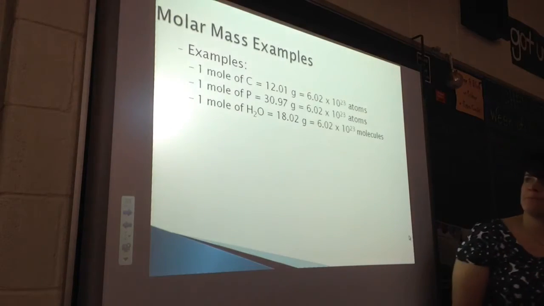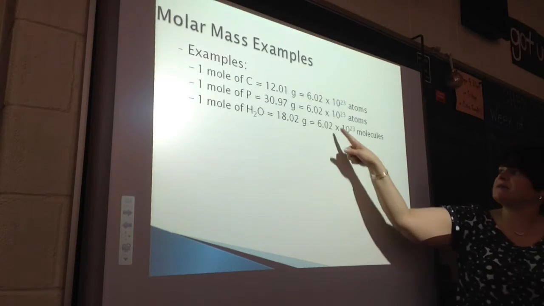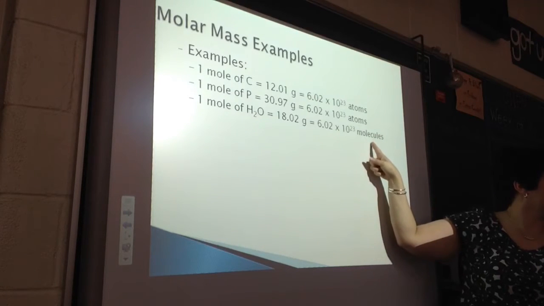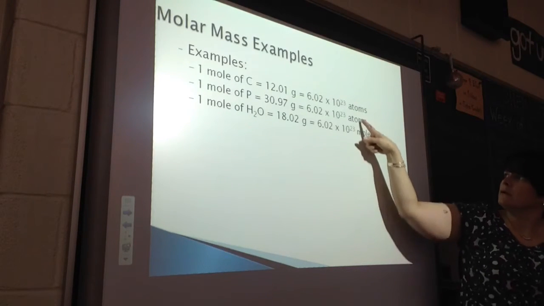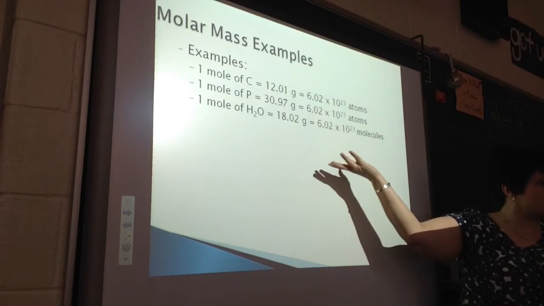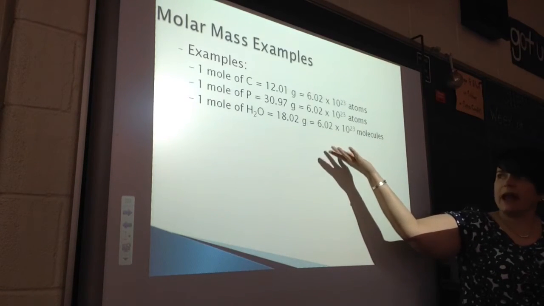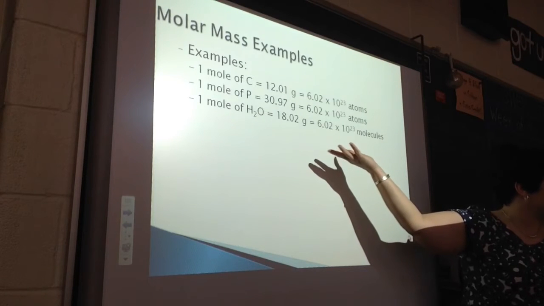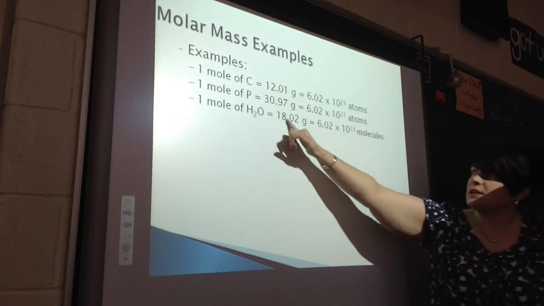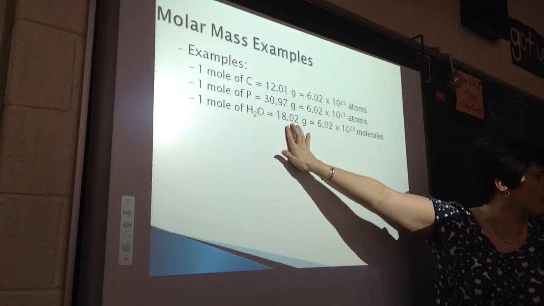Of water. That means that I have 6.02 times 10 to the 23rd molecules. Why did I use the word molecule instead of atoms? Because it's a compound, a covalently bonded substance. It's not atoms, it's a molecule. I have 18.02 grams. Where did this come from?